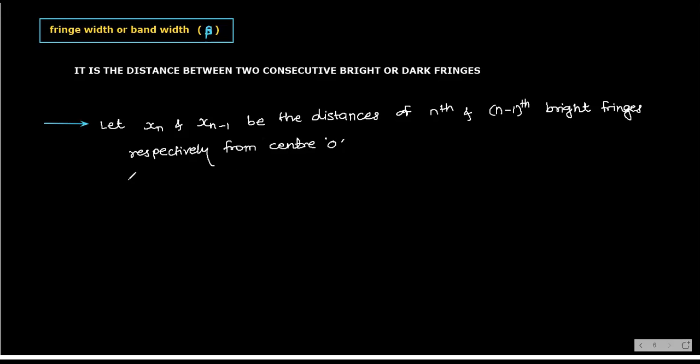Now, what will we get for beta? Beta is equal to xn minus xn minus 1, which is equal to n lambda D by d minus (n minus 1) lambda D by small d.